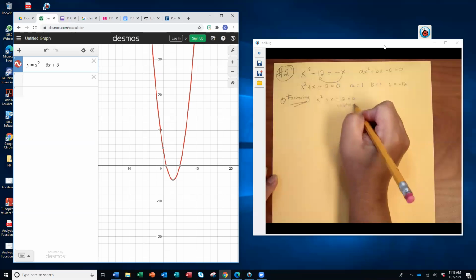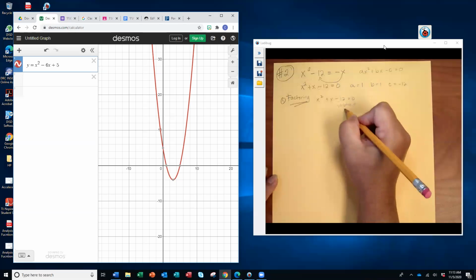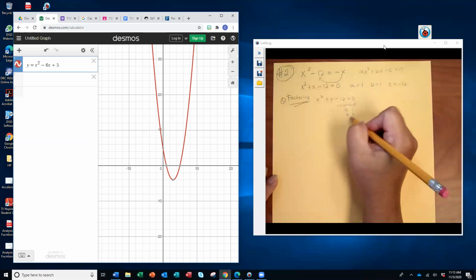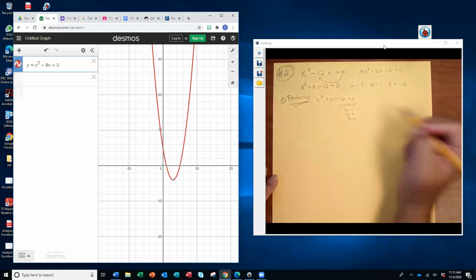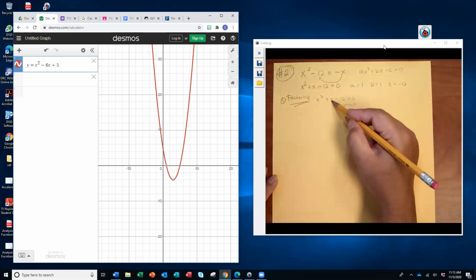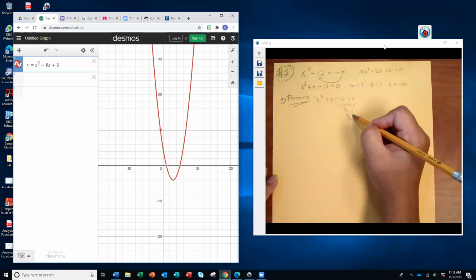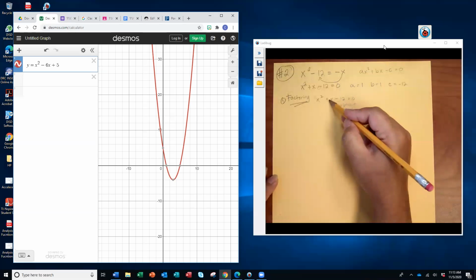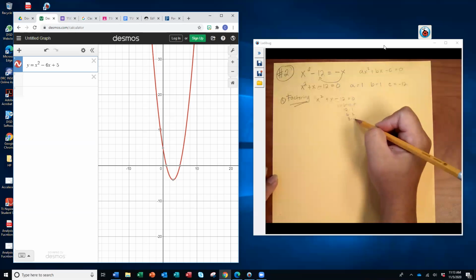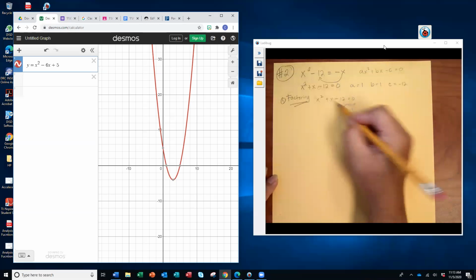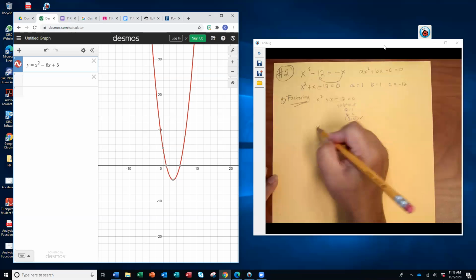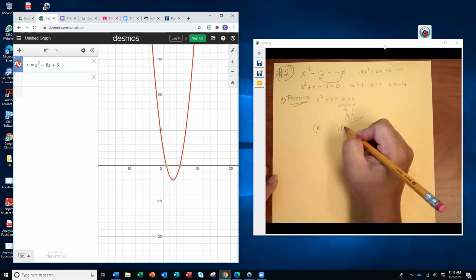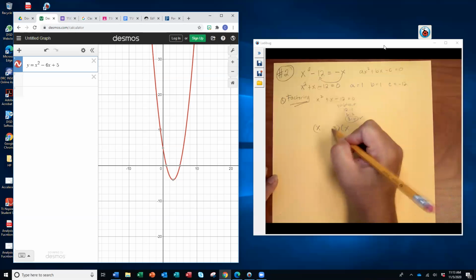When you subtract, you'll have to look for the factors of 12: 1 and 12, 6 times 2, and 3 times 4, which among these, when you subtract, gives you a middle term 1. 12 minus 1 does not give me a 1x. 6 minus 2 does not give me a 1. 3 minus 4 or 4 minus 3 gives me a 1x, so I will use these. Therefore, my factors will be x and x, and this will be 3 and this will be 4.